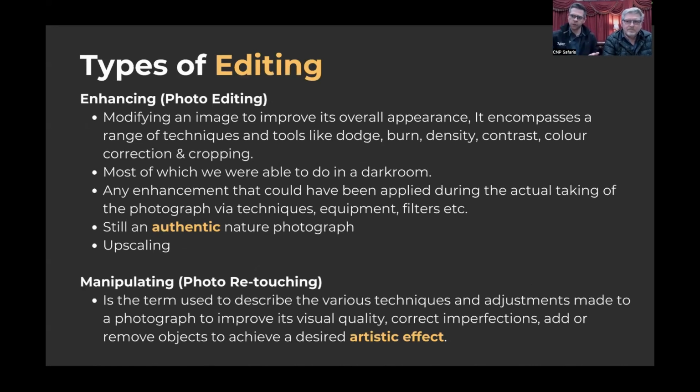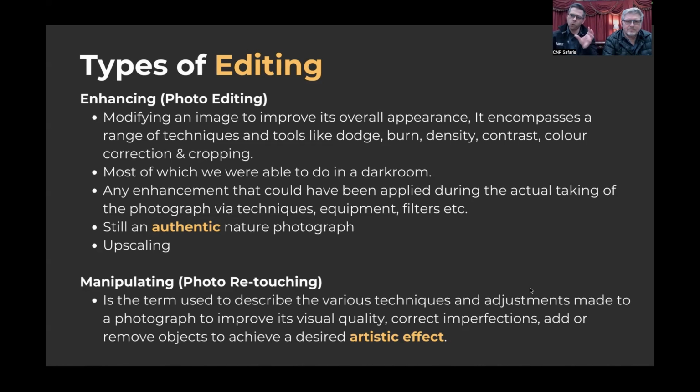Predominantly, it's enhancing photos. Now, that refers to anything that you could have done in camera with editing settings, basic techniques, and then we're looking at basic stuff that you could have done in a darkroom, for instance. So it's brightness, contrast, saturation. We're looking at color changes, cropping, straightening of the horizons.